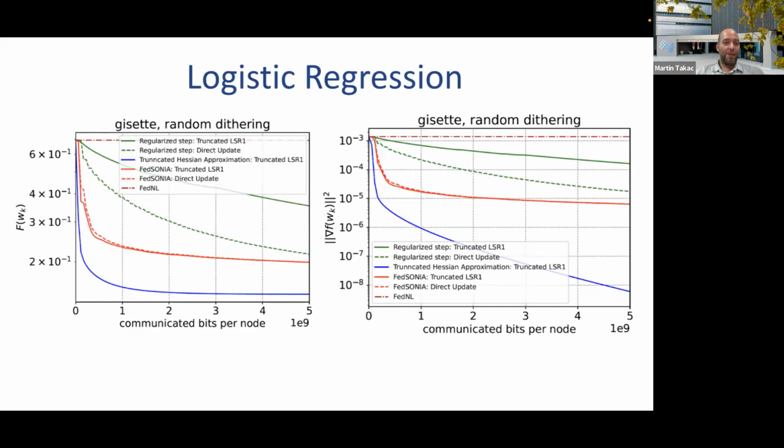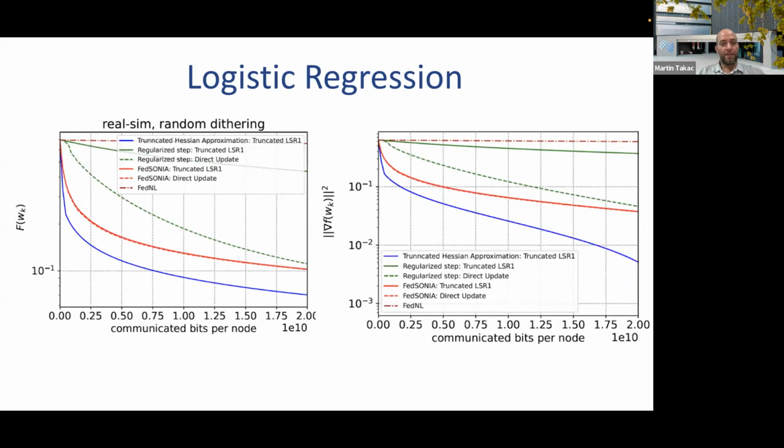Maybe you can say, maybe don't start with the true Hessian, but just start with identity for FedNL, and then FedNL will be much better, maybe. And it's a fair point, we should really implement this one properly as well. But you can see here in this case, again, using those methods, you are communicating much faster, and also you don't need to really start with some fancy estimate of the Hessians.